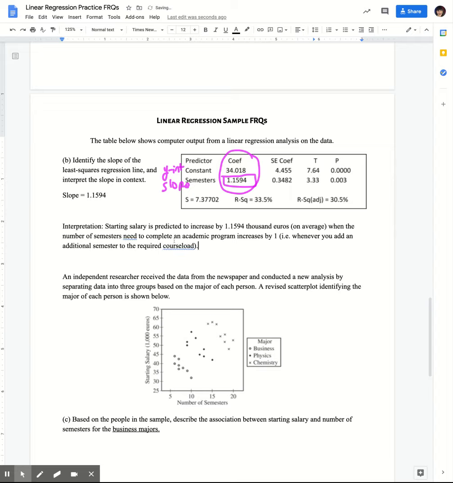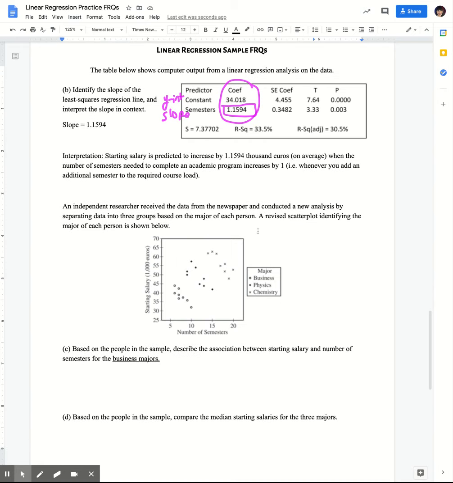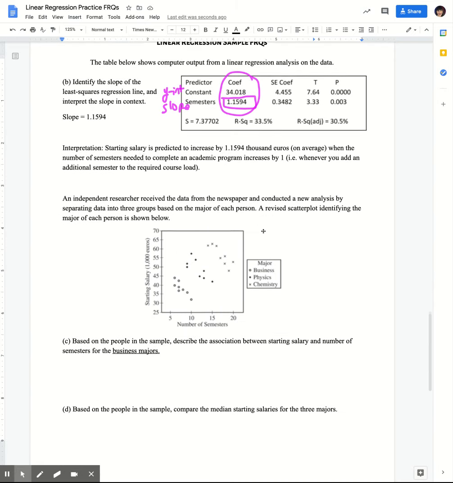Okay, you don't necessarily need this I.E. I'm just writing it for you here so that you can see what that would be in layman's terms, right? So you're adding an additional semester. It looks like on average your starting salary will increase by 1.1594 thousand euros. Okay. All right.